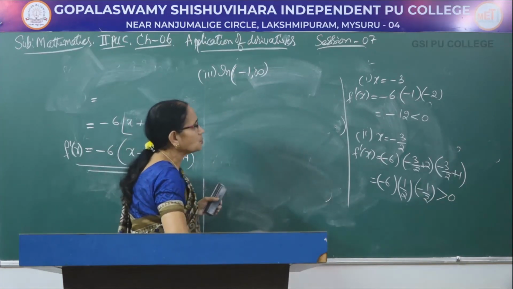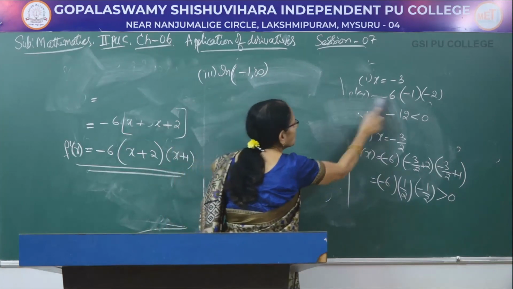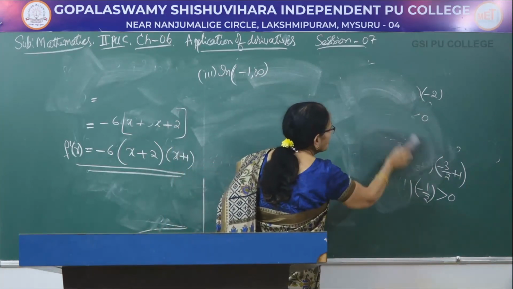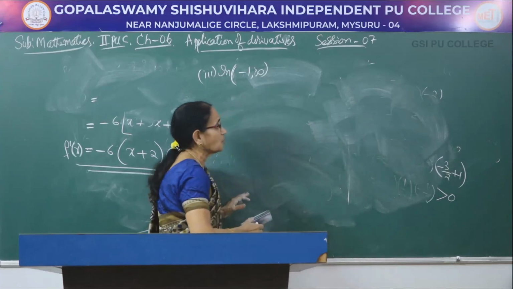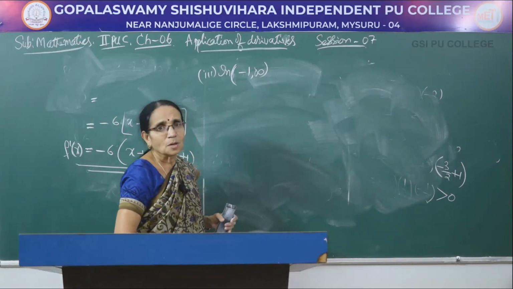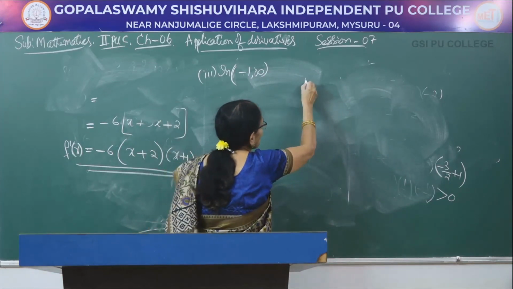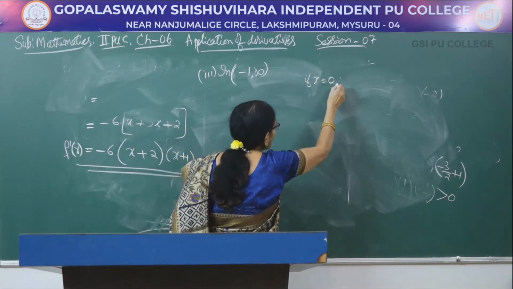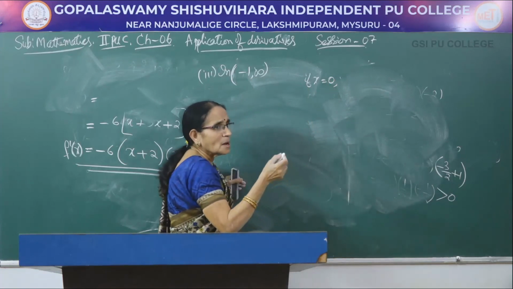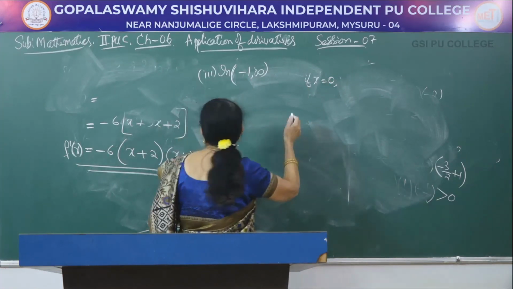Now, which value can we give? After minus 1, when we go towards plus infinity, we get 0, the nearest integer, isn't it? And it's easier to calculate also. So, write if x is equal to 0, a random value I am selecting, a simpler, better value.